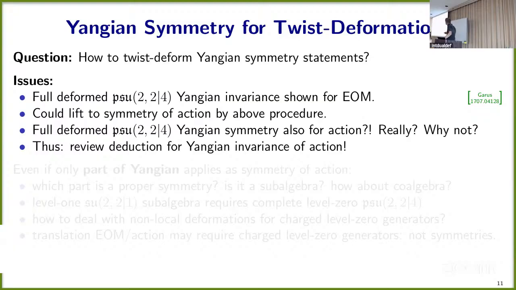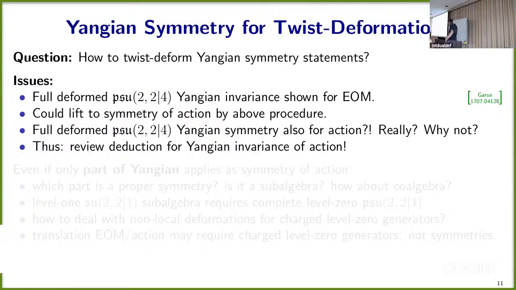So what has been shown before by Zenagaos is that the full PSU(2,2|4) symmetry and also the Yangian invariance applies to the equations of motion. And if you use the procedure that we had, we could, in principle, try to lift that to a symmetry of the action. And that would mean we not only have a full superconformal PSU(2,2|4) action, but also a Yangian symmetric action with that symmetry.